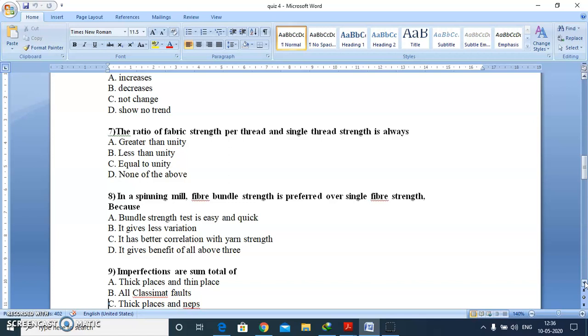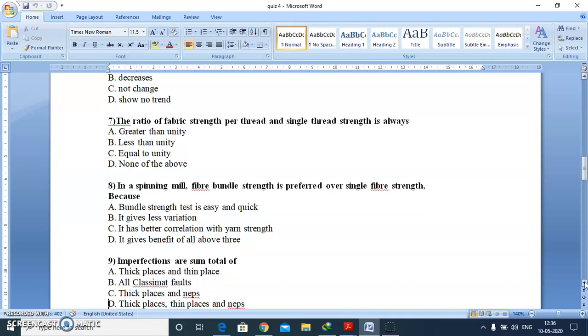Why is it preferred? We'll go with option D here, that it gives benefits of all the above three. That bundle strength test is easy and quick because it is very difficult to handle single fiber. It gives less variation in the results, and it has better correlation with the yarn strength. All three options are correct, so we'll go with option D here.